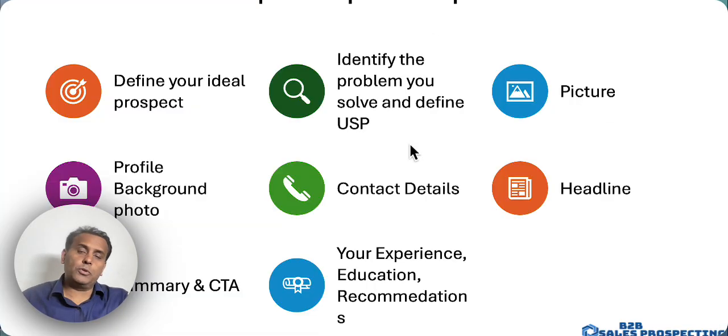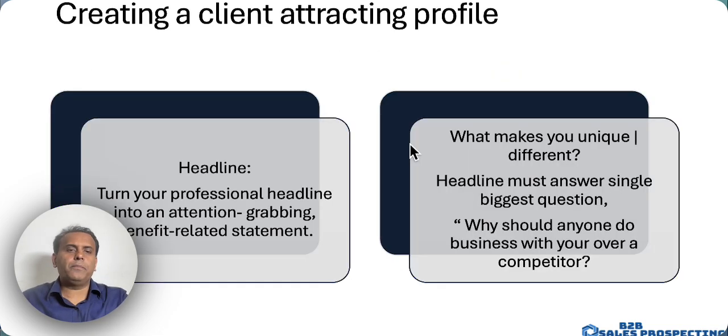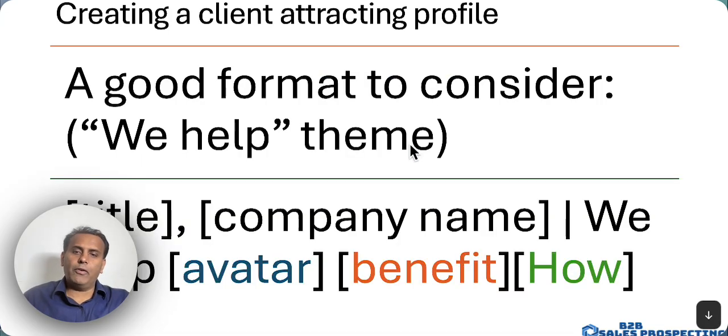And there are 8 steps to optimize a profile. In this case, we are mostly focused on the headline and the summary. That's the main thing. The other parts we are not bothered about. For the headline, we always say how to make your headline very unique. So we have a formula, a good format to consider: title, company name, we help, avatar, benefit, how.